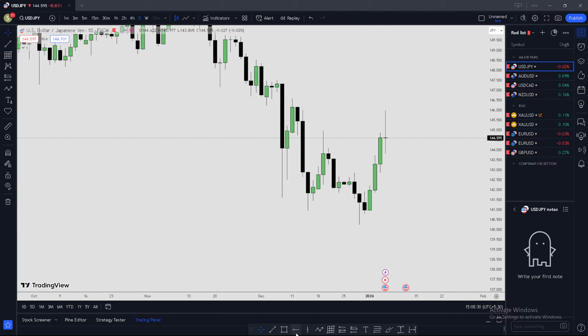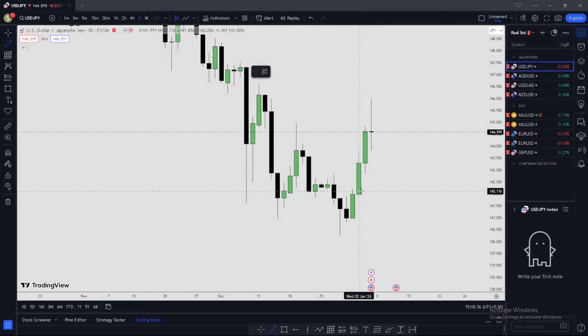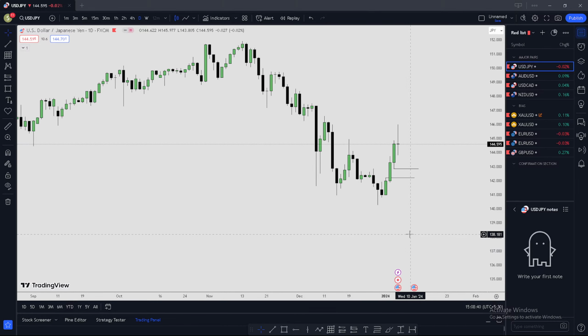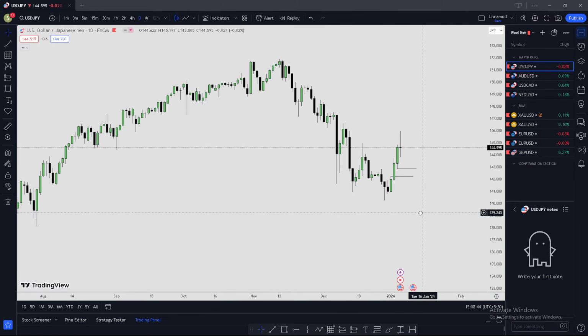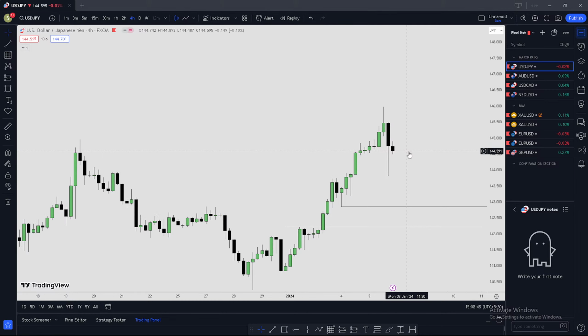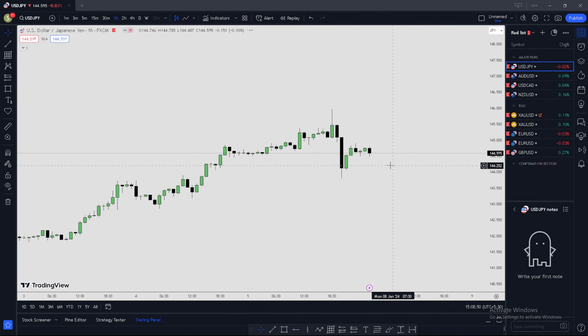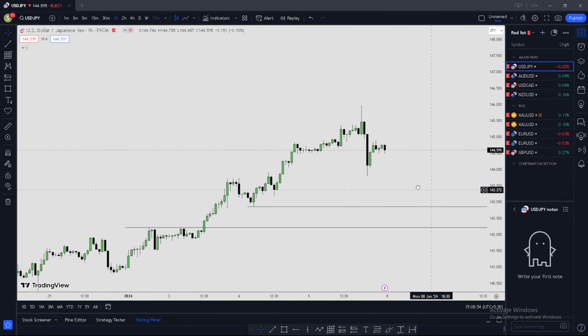Here we can see that the price has scraped the external and is more willing to come into the zone.